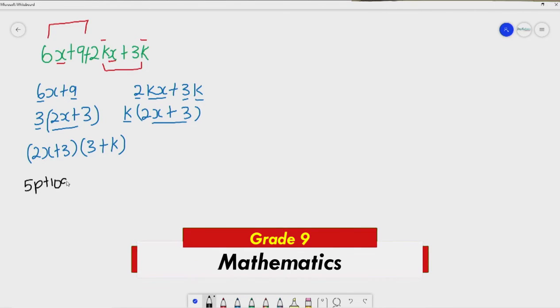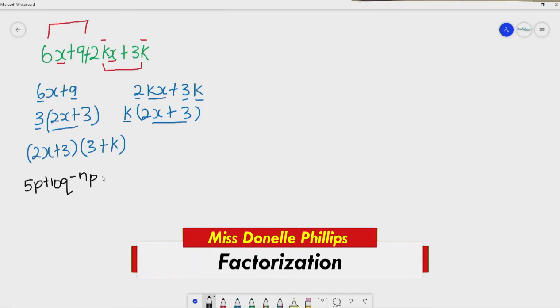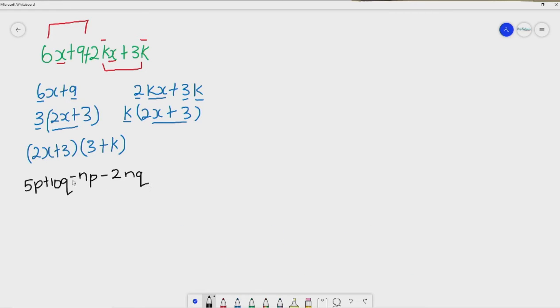The second example, 5p plus 10q minus np minus 2nq. We could start by grouping this first pair, 5p and 10q, and then group this second pair.